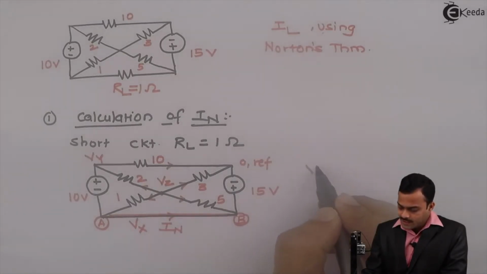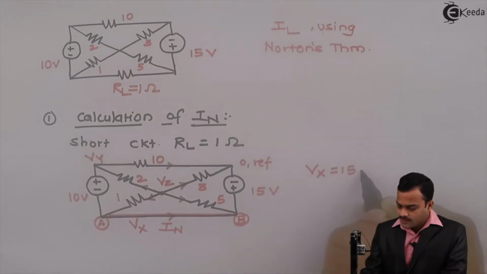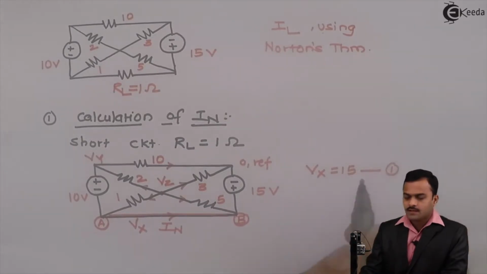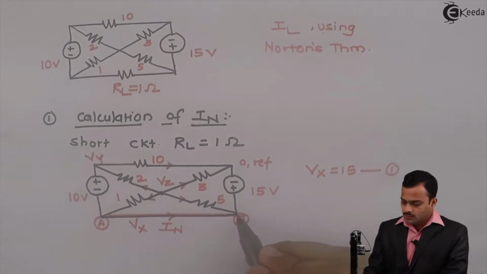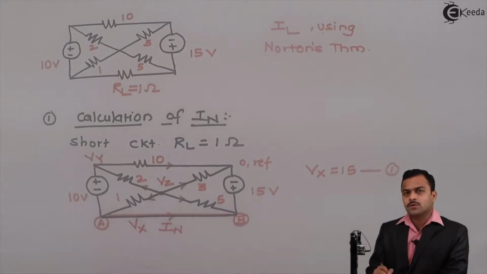So I can directly write Vx equal to 15. Equation number 1. Since I know the node voltage of this particular node, no need to apply KCL to this node. So our work has been reduced significantly.